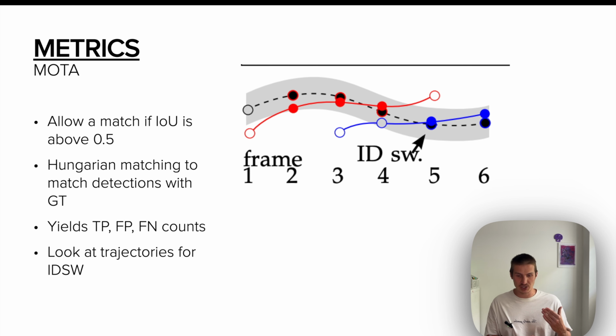An identity switch looks at the actual trajectory, the actual sequence of frames in a video, and it tracks the cases when the same ground truth object was assigned one track ID by the tracker and then got switched to another track ID. By switching, we mean that for the next frame, the Hungarian matching, which still looks at this IoU threshold of 0.5, assigned it to a different object.